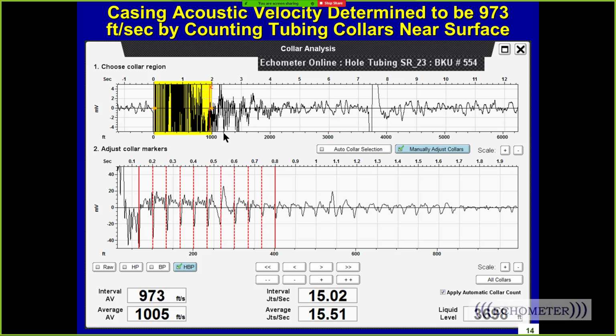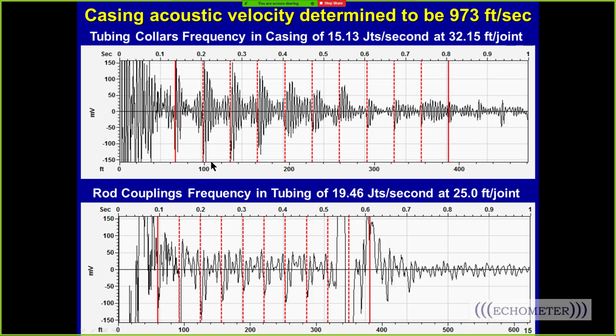Now, if we look at the shot, this is the acoustic velocity of 973 from the shot down the casing. And this is the shot down the tubing right here. I'm going to try not to confuse you with these two different joints per second.